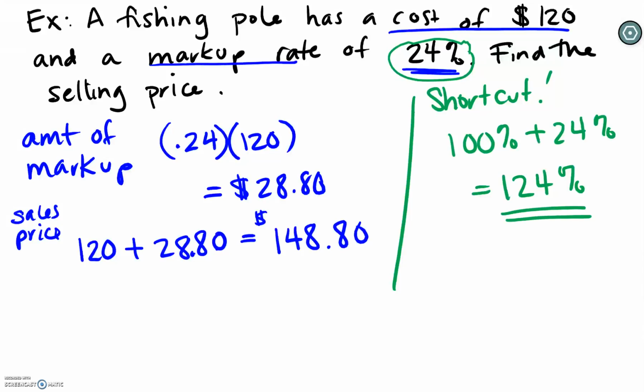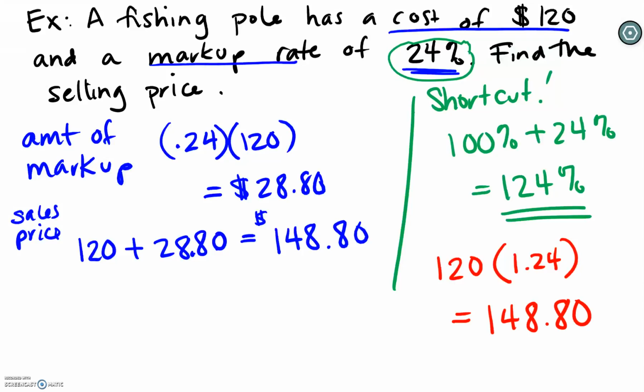So we can just take that from the beginning and multiply it with our cost. 120 times 1.24, because that's 124% in decimal form, is just equal to 148.80. So it takes you straight to the right answer right away by realizing if I'm going to add, I just increase my percentage as opposed to doing a step and finding the amount of the markup. So this is not as useful though if you actually want to know how much we're making in profit. So this is very helpful to do it in steps when you want to know what's the profit we're going to make on this fishing pole when we sell it.